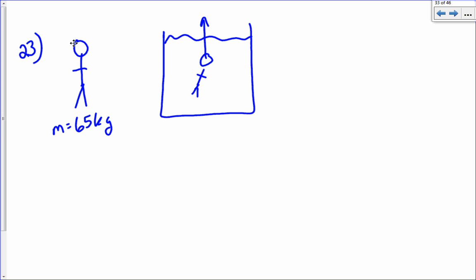So what I have at work here is that this is my buoyant force. This is my weight. And then I have an additional force here pushing up, which will be some scale. And this scale is reading that he has a mass of 1.5 kilograms. This is just like the video of the lady where she goes into the tank and she goes all the way under the water and then they measure her weight.